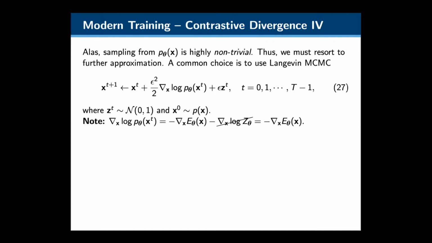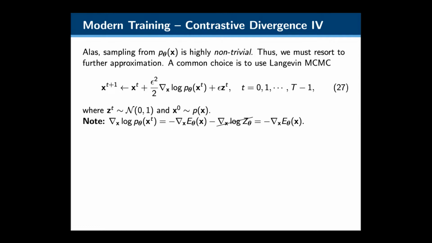As Stratis mentioned, actually sampling from our model is non-trivial, and so we have to resort to further approximation. And basically, it seems like the literature at the moment has decided that Langevin MCMC is the way to go. At least, basically every paper that I read in preparation for this talk uses some sort of Langevin.